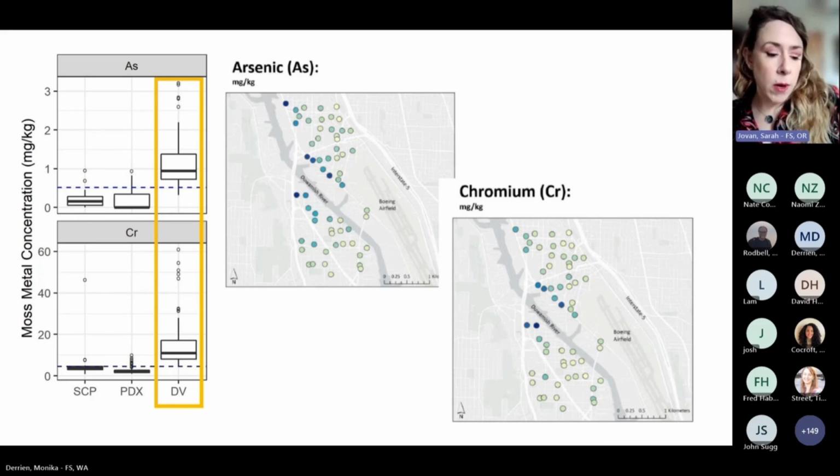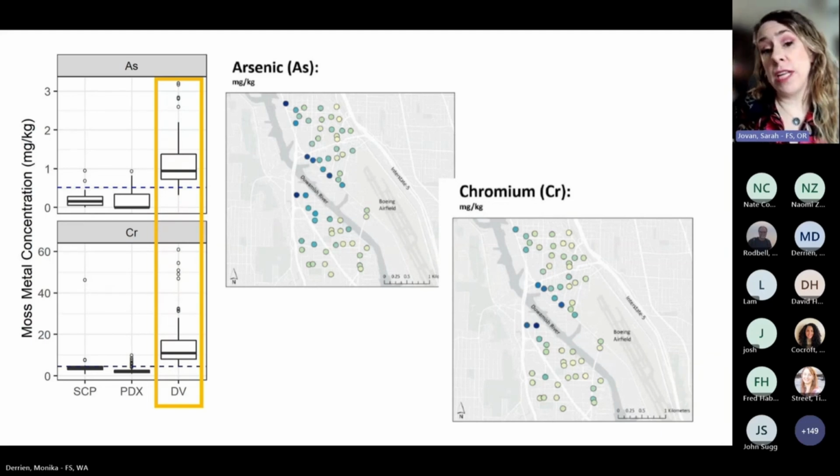And this is important because heavy metals are just one group of pollutants that are of potential concern in the Duwamish area. So this helped the community decide to investigate heavy metals further.